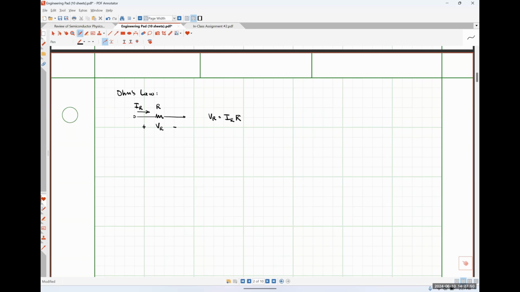This is the Ohm's law that you guys are all familiar with. Just good old V is equal to I times R.